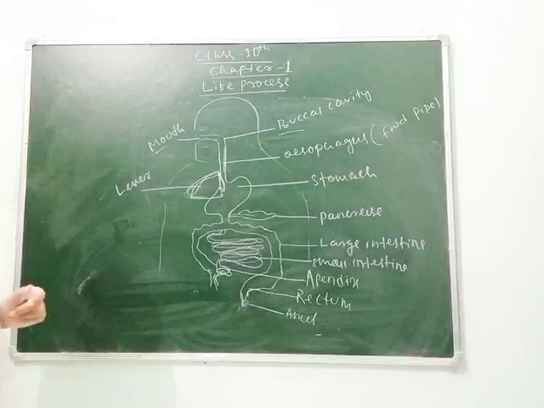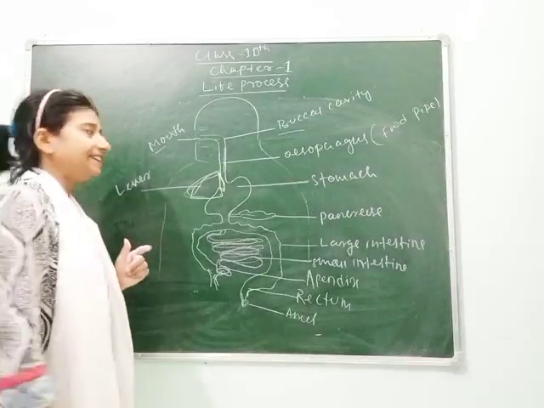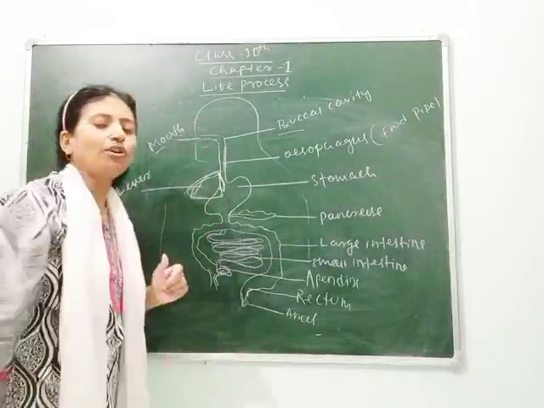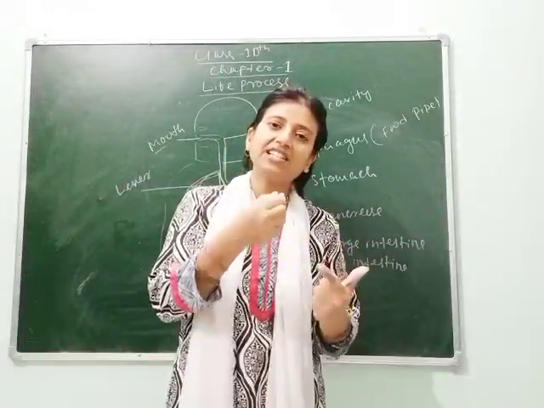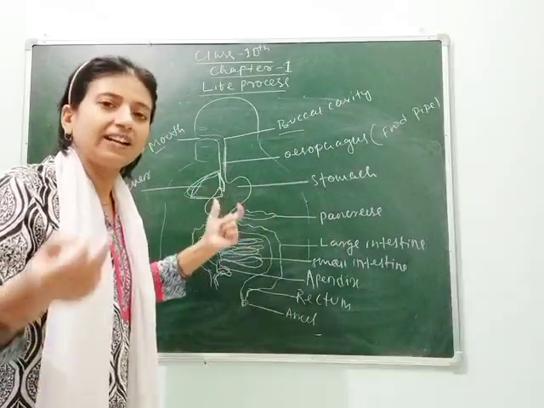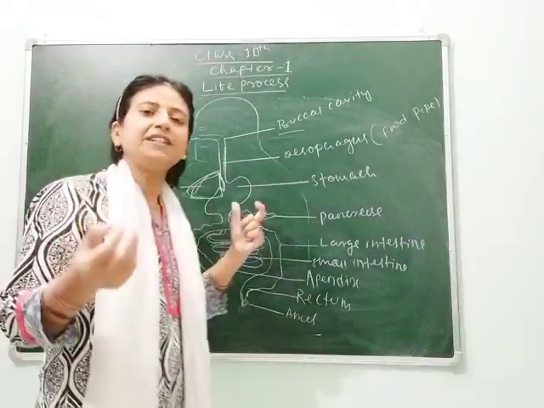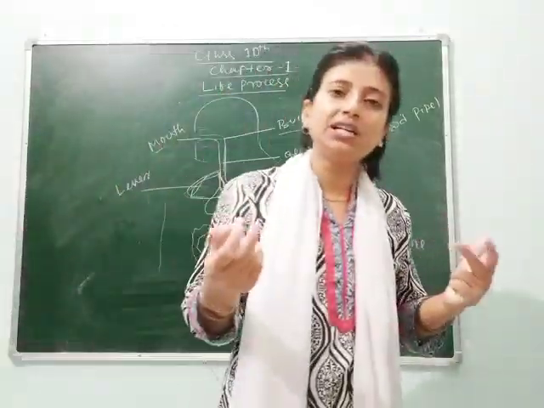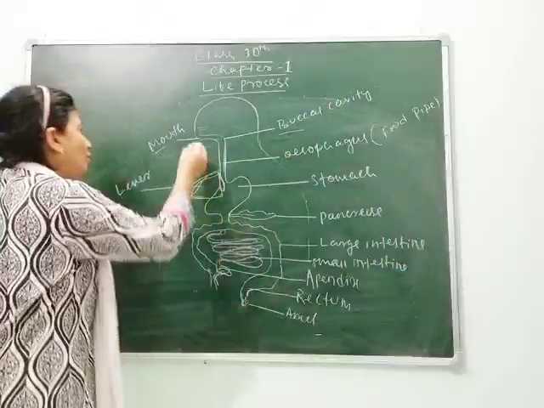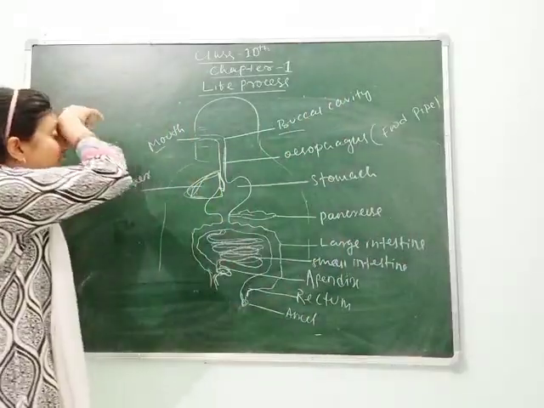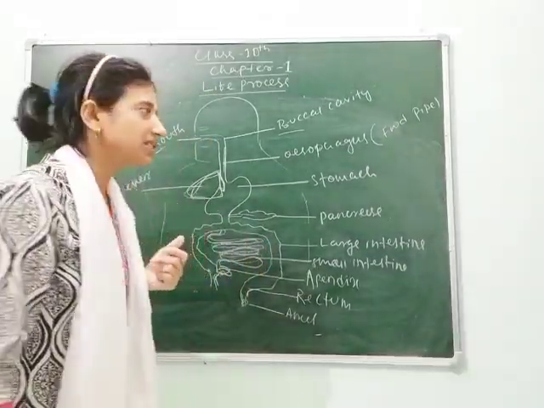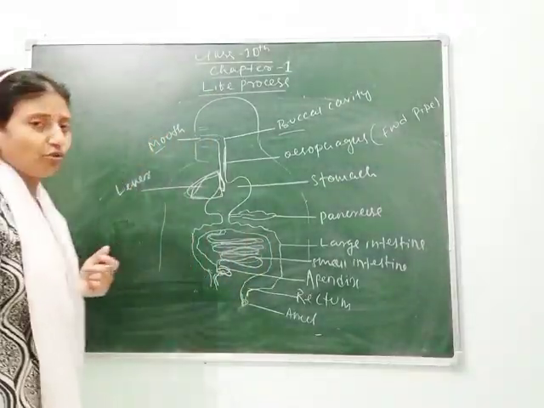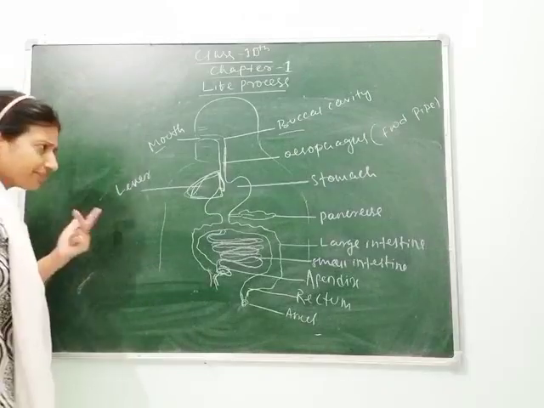So students, let's understand it in detail. As I have told you, during ingestion we put food into our mouth and digestion starts from the mouth. Let's understand the different parts present inside the mouth that help in the digestion of food. Inside the mouth there are teeth, 32 in number.